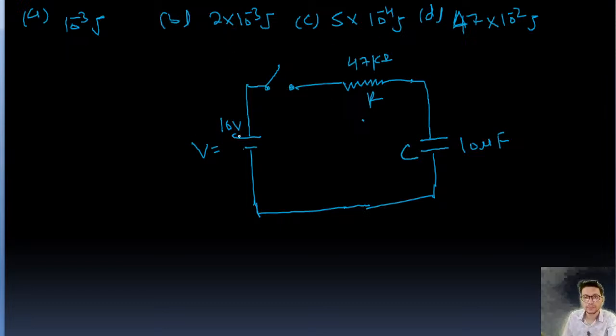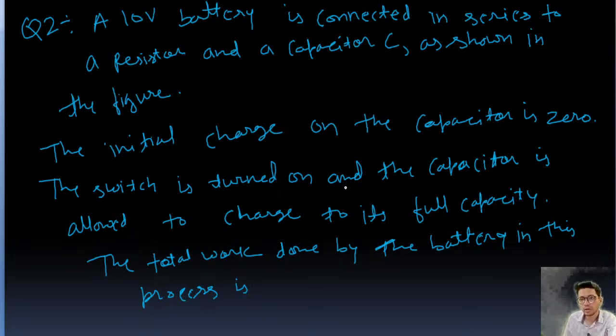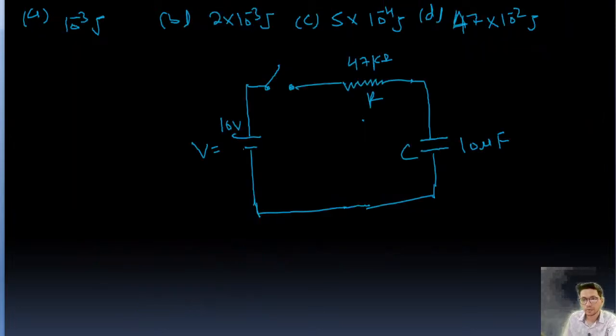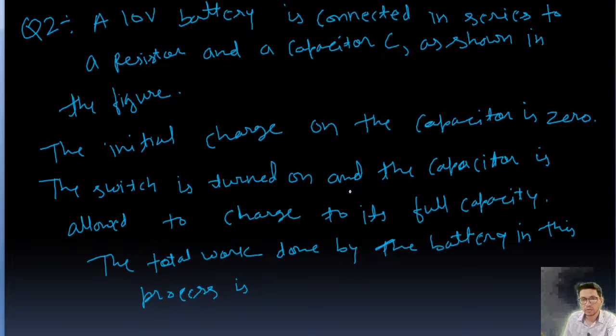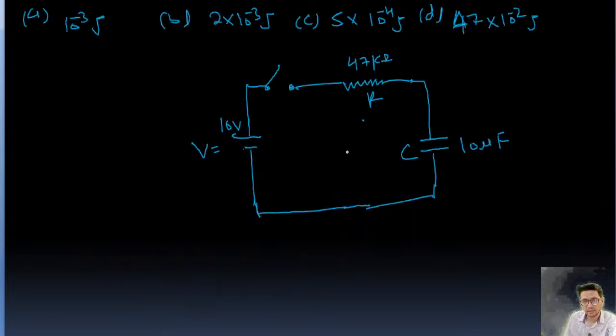The initial charge on the capacitor is 0, and the switch is turned on and the capacitor is allowed to charge to its full capacity. Total work done by battery in this process. So you need to find out total work done by battery in this process.